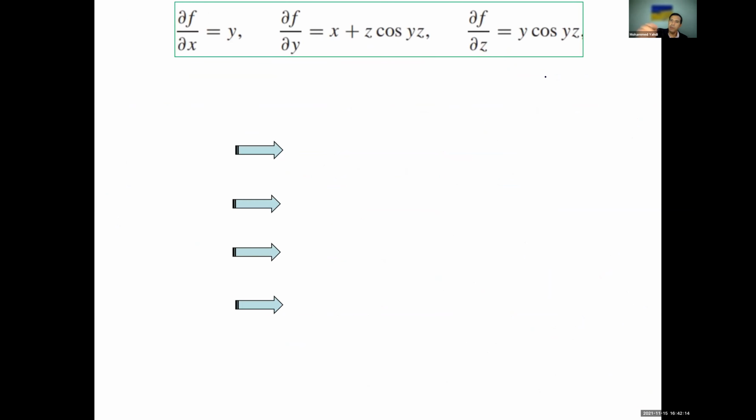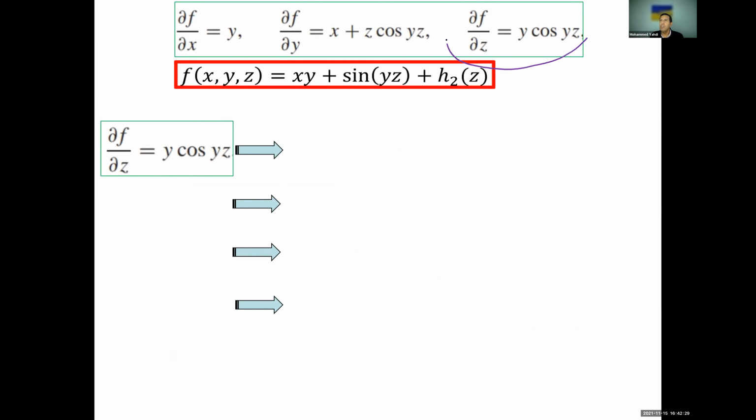Okay, I'm going to put the equation here. We're going to use this. Same thing as before, I'm not going to take the antiderivative. I already have f, so let's bring f here. I'm going to take the partial derivative of f as given here and write it on the left side.